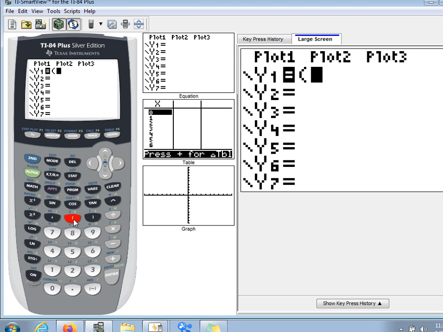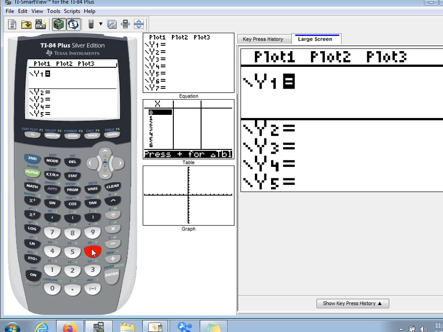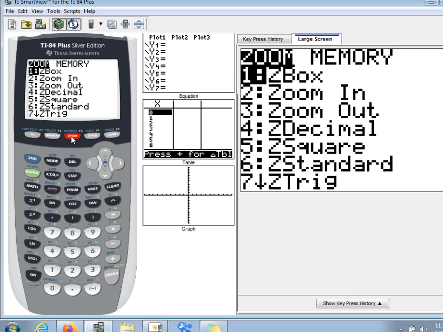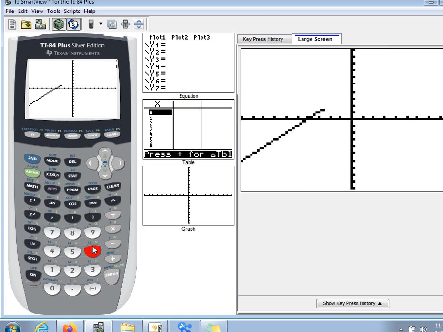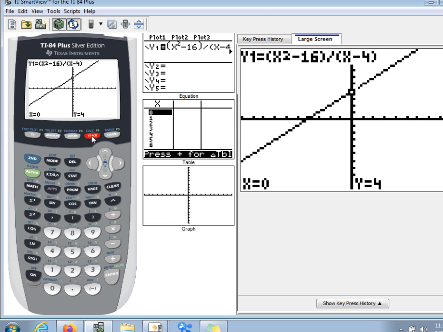The numerator was x squared minus 16, make sure that's all in parentheses, divided by x minus 4 in your denominator. Then you hit graph, or I will hit zoom 6 to make sure I'm in the proper zoom. We wanted to know the limit as x approached 4. So I'm going to use trace. It's not the most accurate, but it'll work fine for what we're doing here.